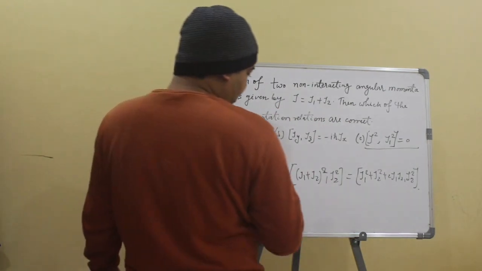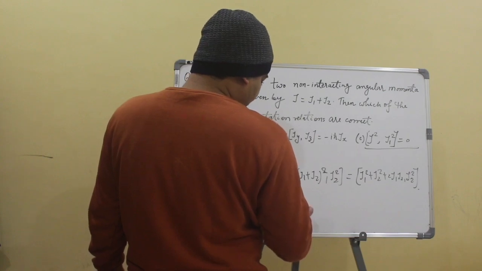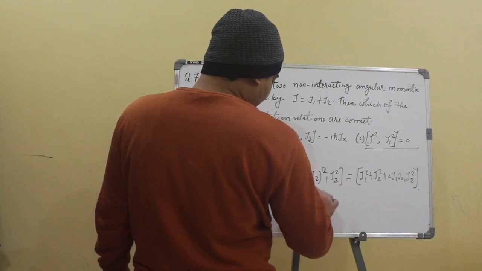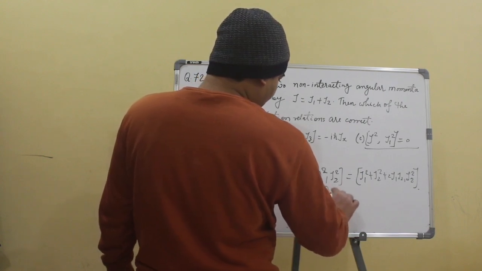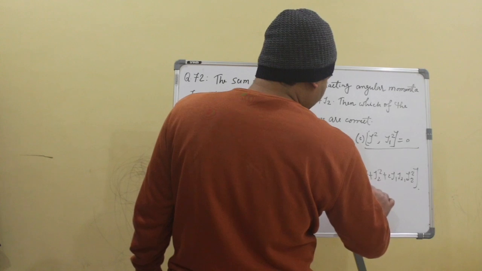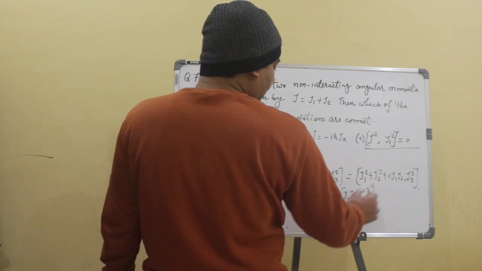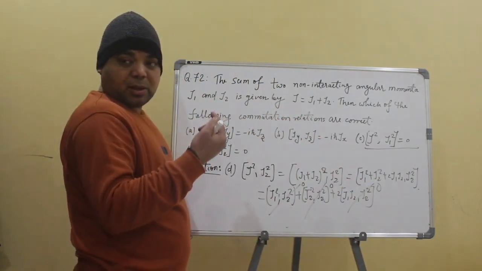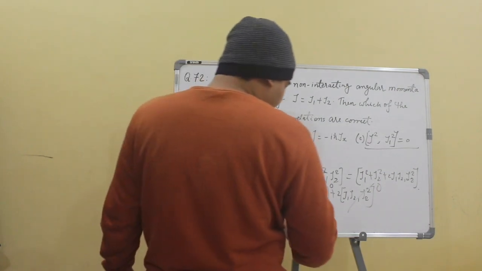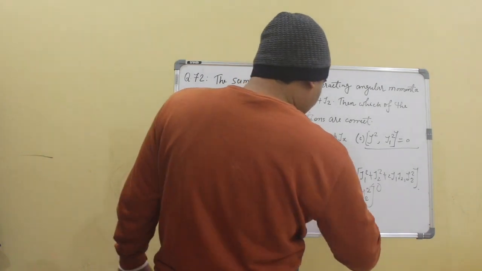Now just take the commutator of each one: [J1², J2²] plus [J2², J2²], then 2[J1 J2, J2²]. Now all of them will vanish for exactly the same reason which we gave earlier. So this one is also 0, which equals the RHS. It means that option D is correct.